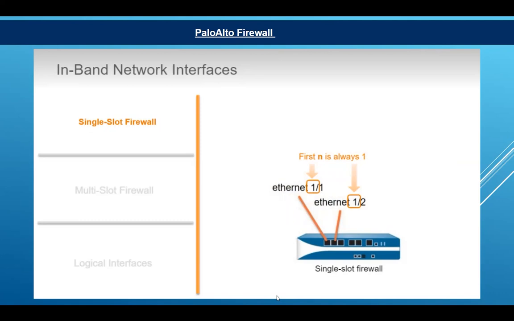So guys, if you have a single slot firewall, we have only 1/1 interface, 1/2. The first number is the slot number, and the second is the sequence number of the interface, right? That's why we have 1/1, 1/2.